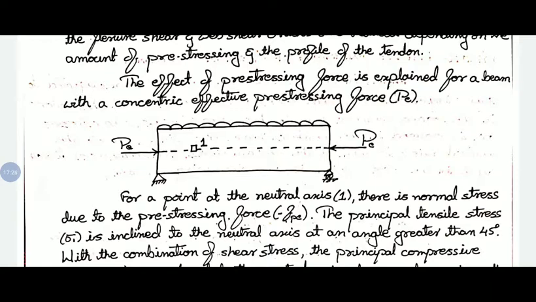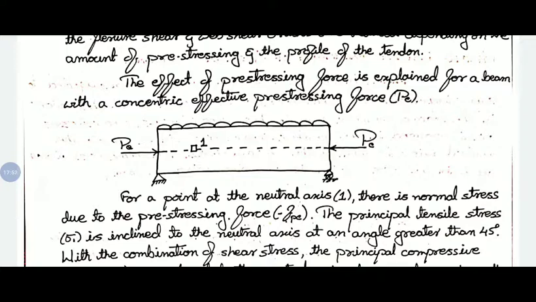For a point at the neutral axis, what we have considered as element number 1, there are normal stresses due to pre-stressing force. When we apply the pre-stressing force, obviously the section will be under compression, so that's why we have considered here a negative force, minus FPE. So element 1 will be under normal stresses.